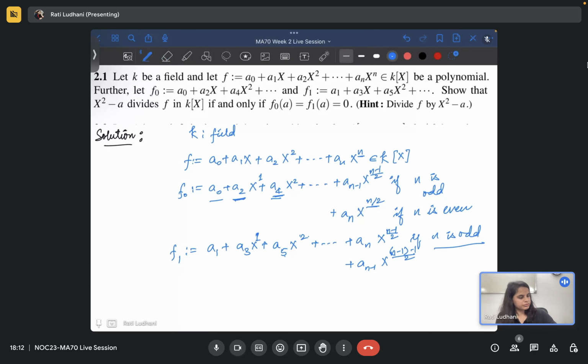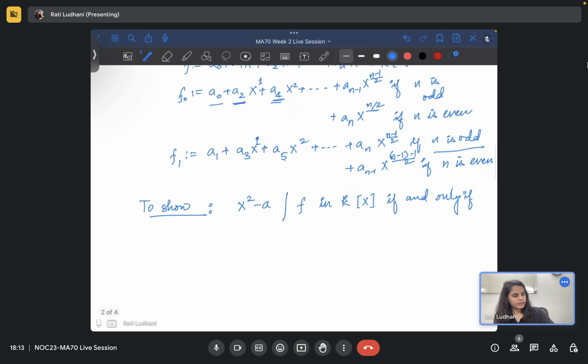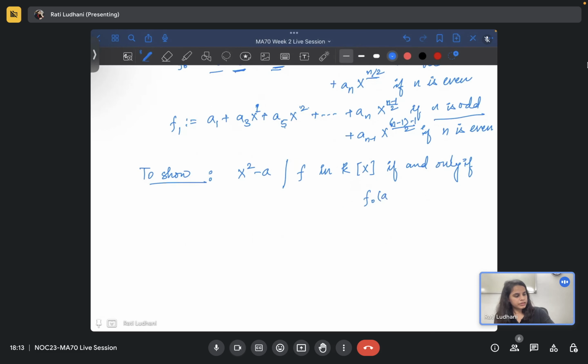Okay, so if n is even, this is something you have been given, some other polynomials corresponding to f. Now, what has been asked? Prove, or show, that x squared minus a divides f in K[x] if and only if f0 of a and f1 of a are both 0.